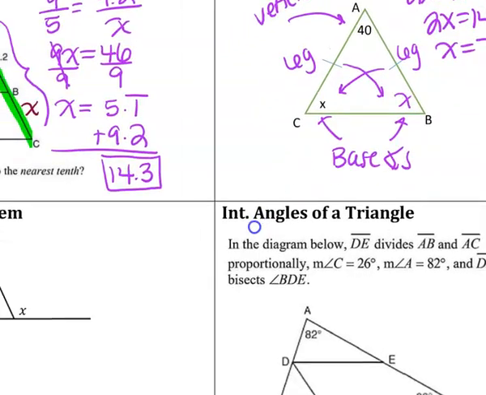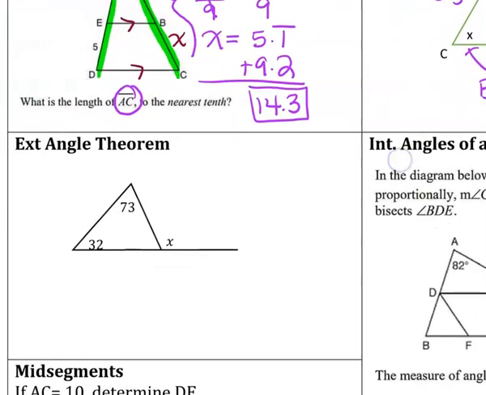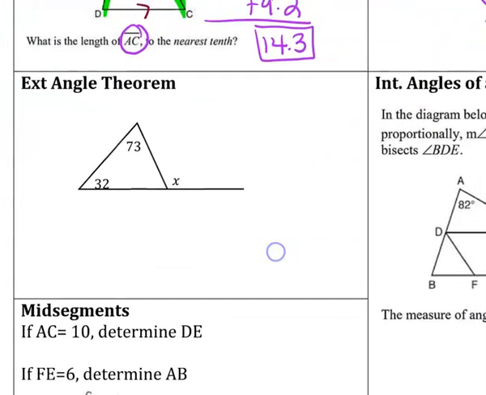All right, talking about the exterior angle theorem next. This says an exterior angle, which is this guy right here, is equal to the sum of the remote interior angles.